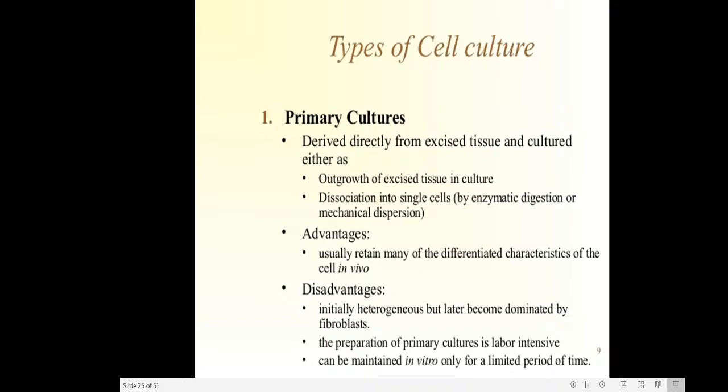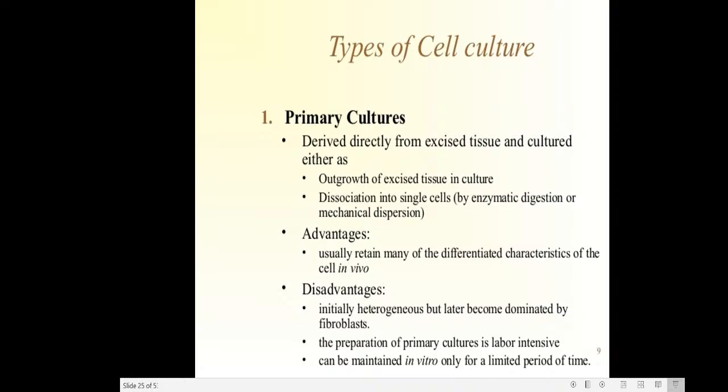In animal cell culture, we have two types: the primary culture and the continuous culture. In the primary culture, we can grow excised tissue in a culture.